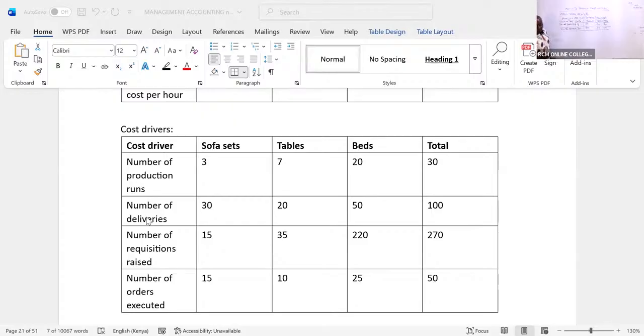And then we have number of requisitions: 15, 35, 220, giving us 270.